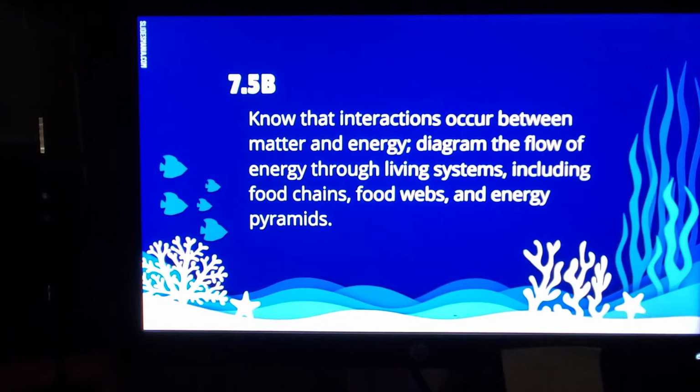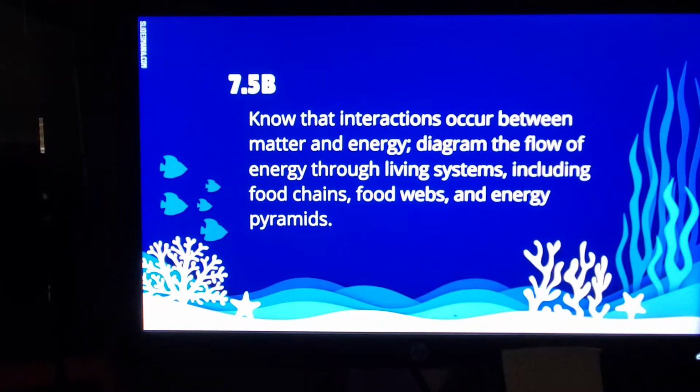So as a reminder, this is the topic we're working on. Know that interactions occur between matter and energy. And one thing I want you to remember, this is just how incredible science is: everything that's on the planet, everything that you can see and feel, happens because of energy that comes to us from the sun.